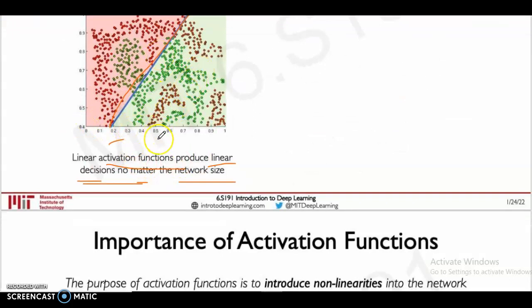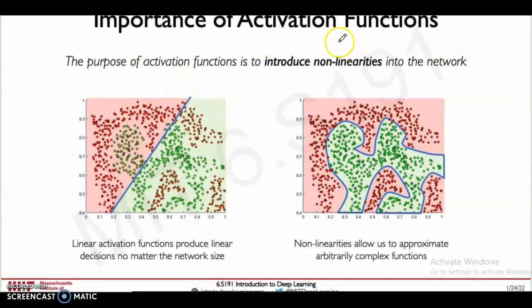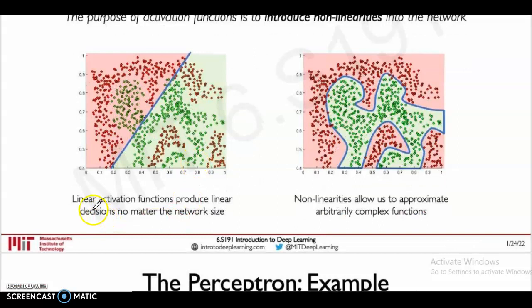This is the very important part: no matter the network size, linear activation functions produce linear decisions.